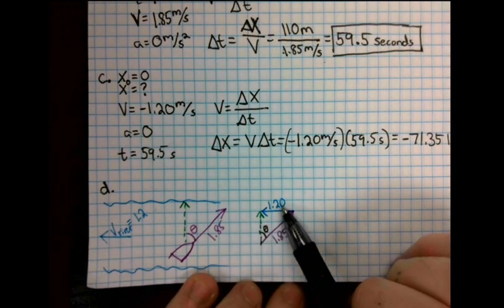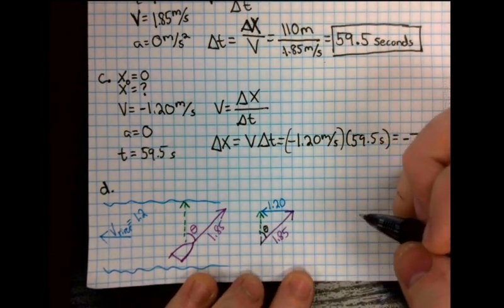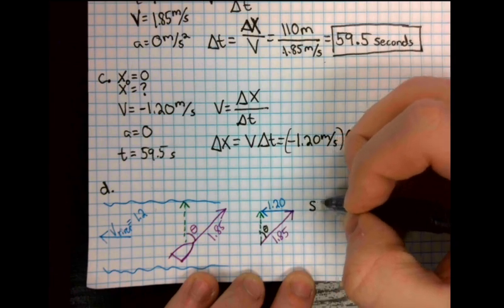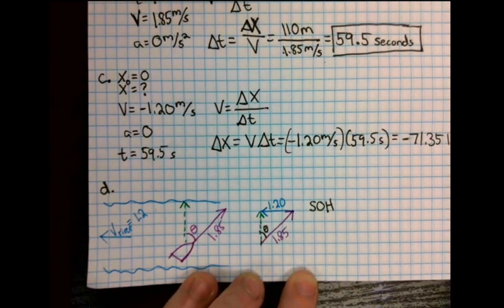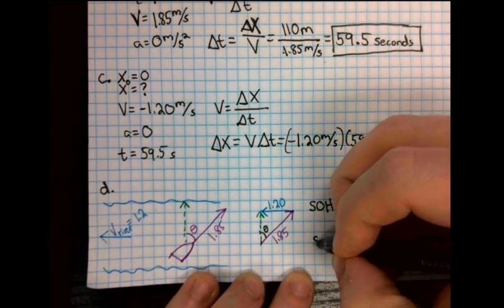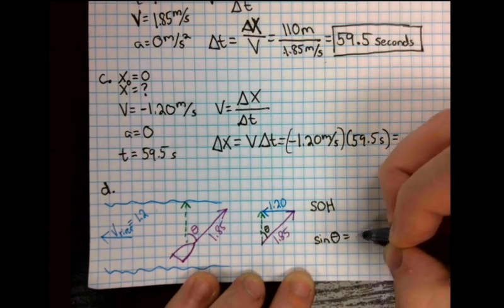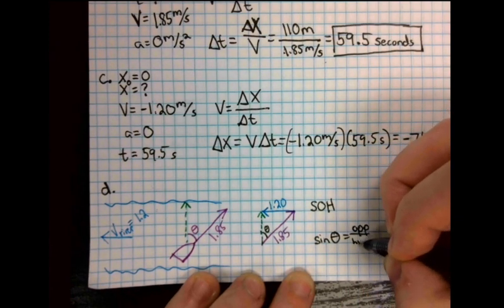So we've got the opposite and we've got the hypotenuse. Sine is opposite over hypotenuse. So we're going to do sine theta equals opposite over hypotenuse.